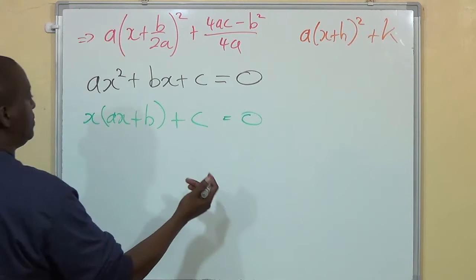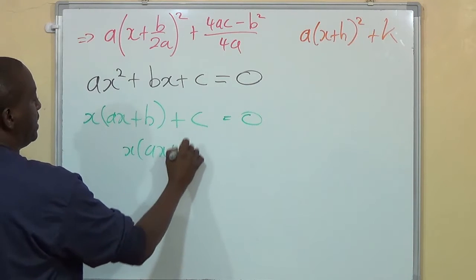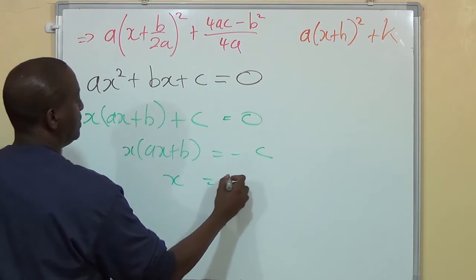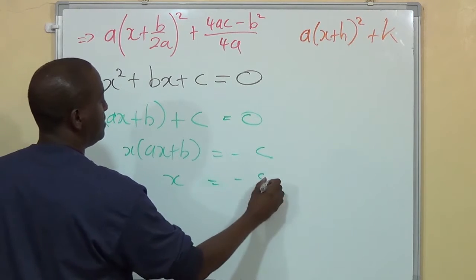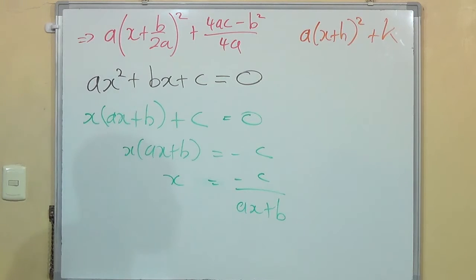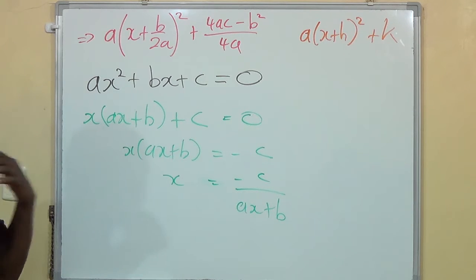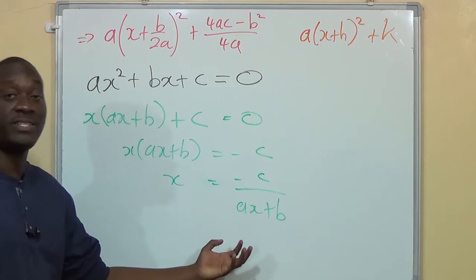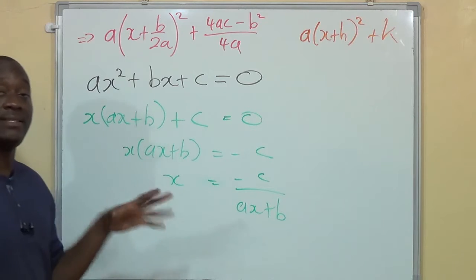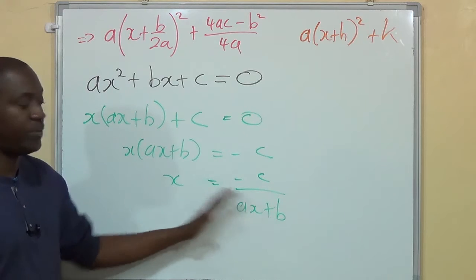Let me just carry this through to show you. So some people will do this, and then they will say x into ax plus b is equal to minus c, and then they'll say x is equal to minus c over ax plus b, which in terms of raw technical steps is true, but it makes no sense if we're trying to solve for x, because what we're actually doing is making x the subject of the formula, which means that x alone must be on one side of the equation, and we don't have that here.